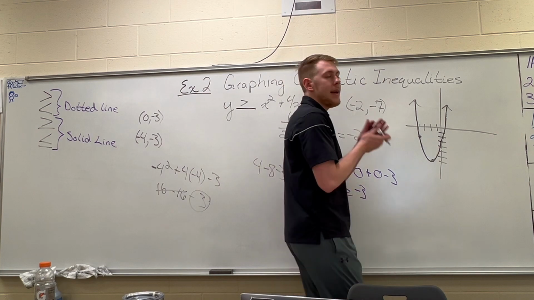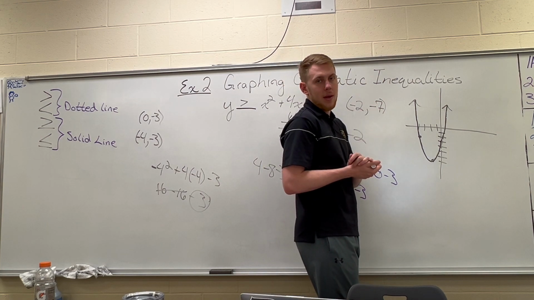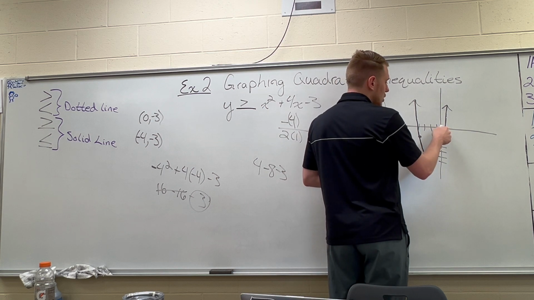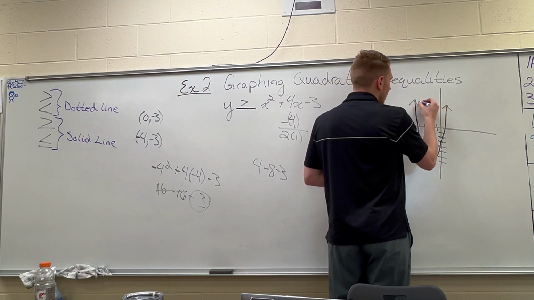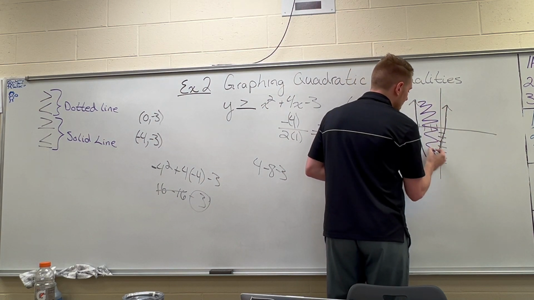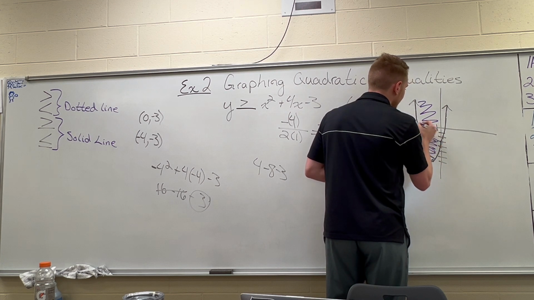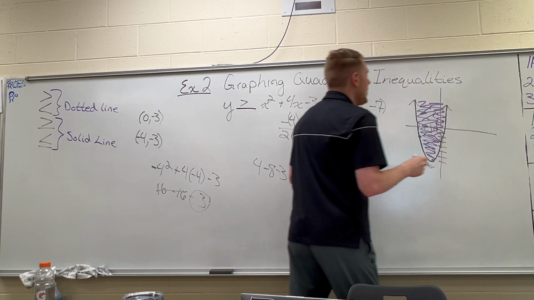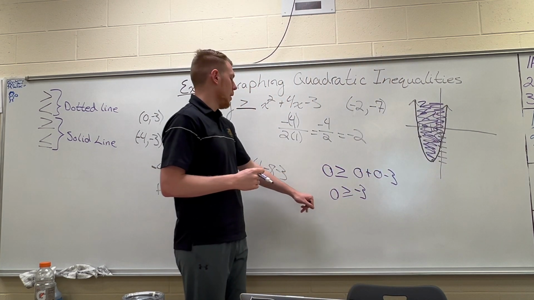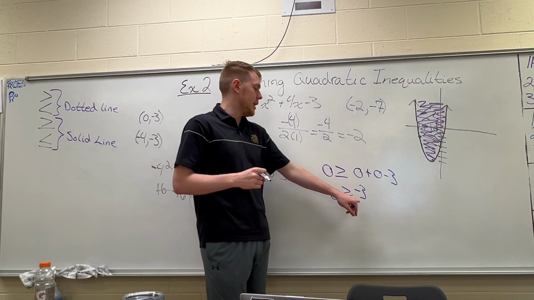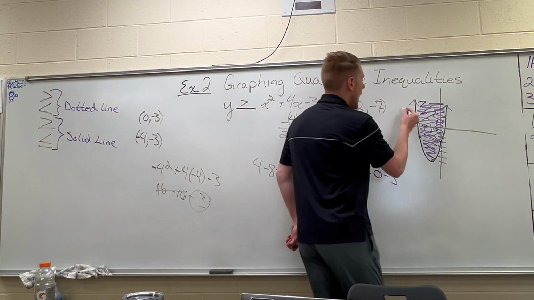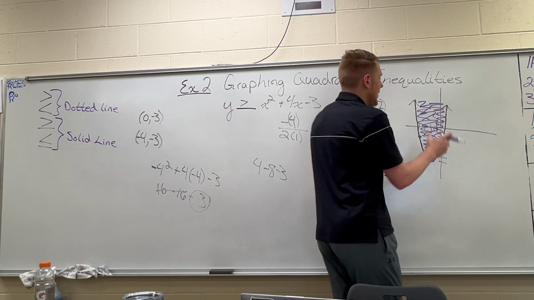So what does that mean? It means that I shade the area that has that value included. So on this, 0, 0 is inside of my parabola. So I can shade the inside of my parabola. Okay? If I plugged in 0, 0 and I got 0 is greater than or equal to 10, meaning that's not true, I would have shaded the outside of my parabola and left the inside blank.